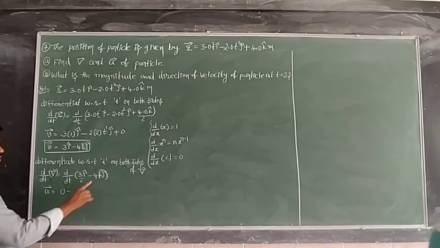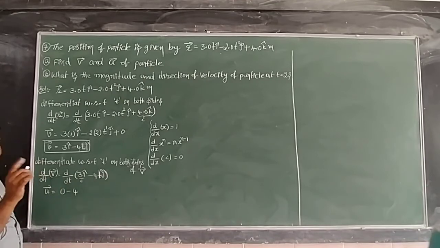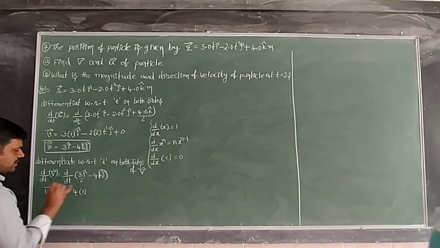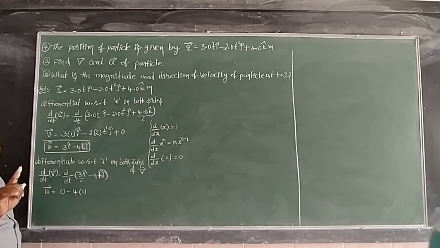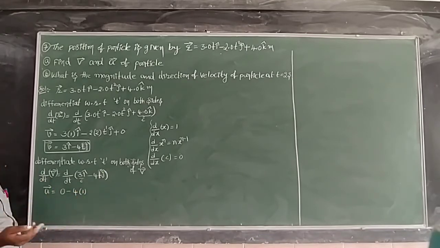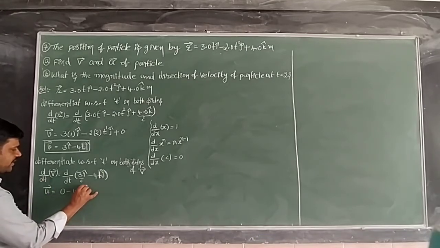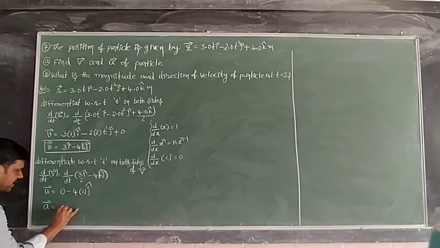So 4 into 1 is 4, and the t power is reduced by 1, so t power 1 minus 1 means t power 0. Anything to the power 0 is 1, into j cap. So acceleration a bar is equal to 4 j cap.